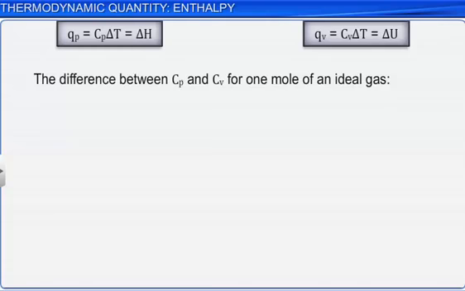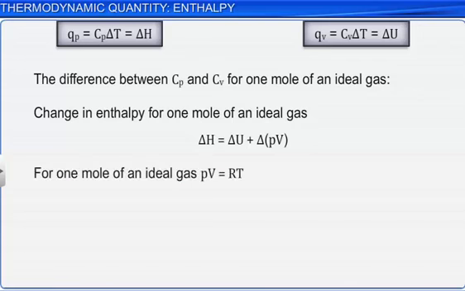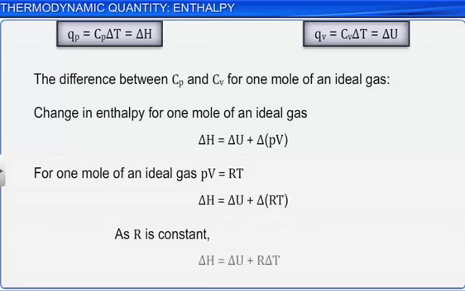The change in enthalpy for 1 mole of an ideal gas can be written as delta H equals delta U plus delta (PV). For 1 mole of an ideal gas, PV is equal to RT. Hence, the equation can be written as delta H equals delta U plus delta (RT). As R is constant, the equation can also be written as delta H equal to delta U plus R delta T.